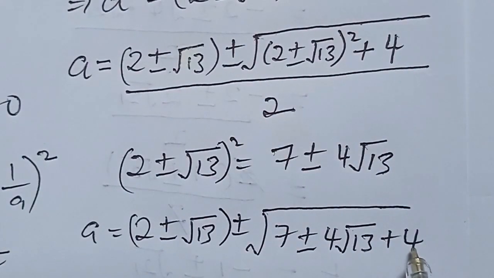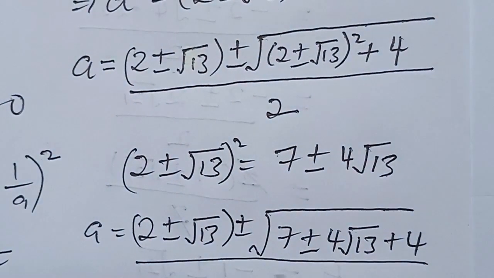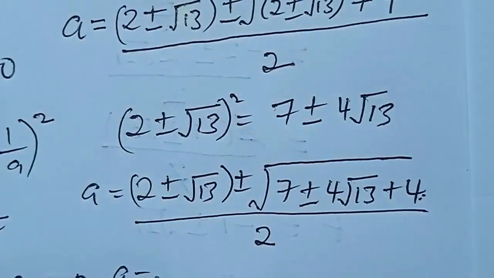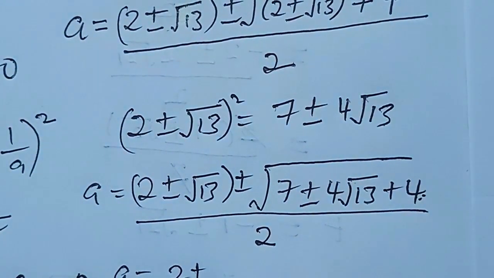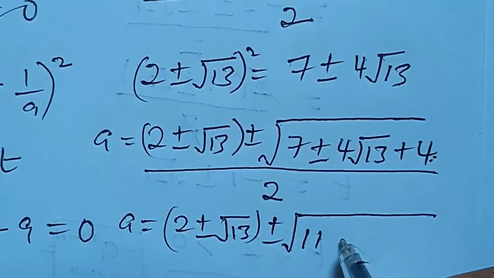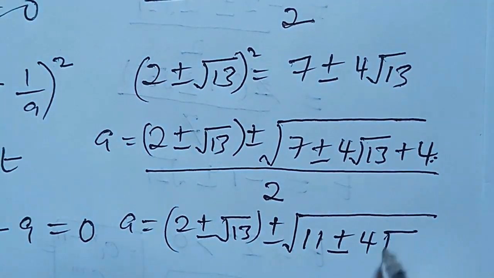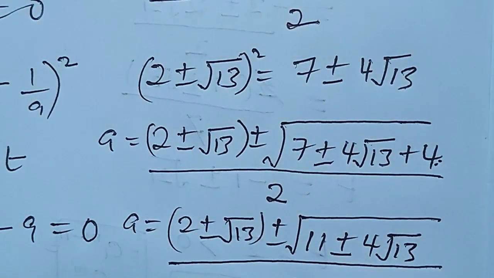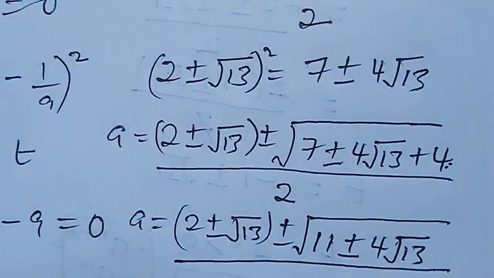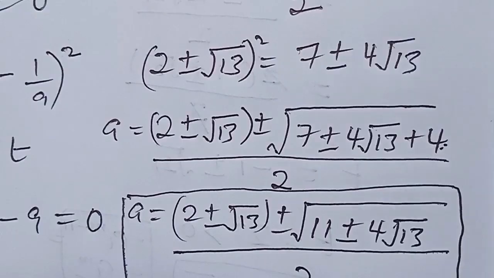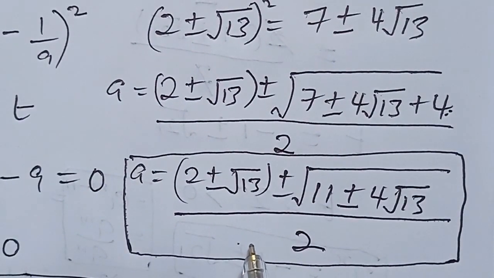So we have 4 plus 17, everything over 2. 4 plus 17 gives us a equal to (2 plus or minus the square root of 13) plus or minus the square root of 21 plus or minus 4 square root of 13, everything over 2, which should be our value of a in this expression.